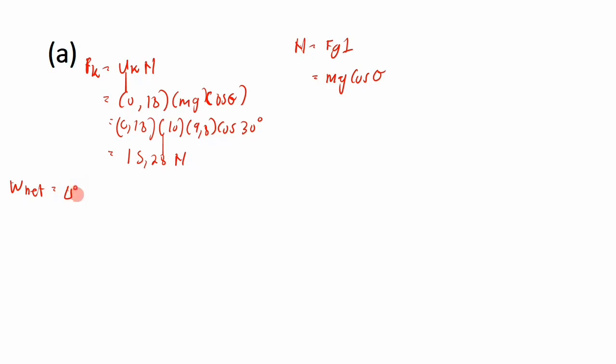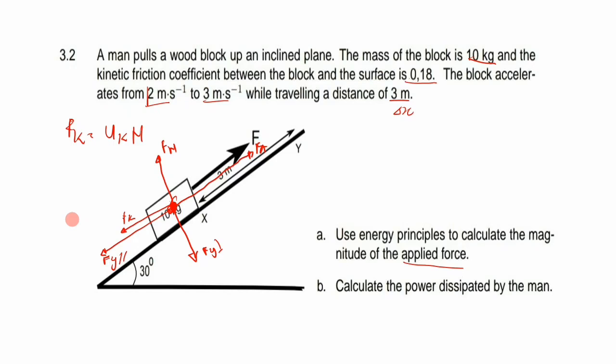Now, from here, we can now use the work net theorem, or the work energy theorem. From this one, we can see that looking at our free body diagram, the forces that will be doing work on this block will be our Fk, Fg parallel, and force applied, right?